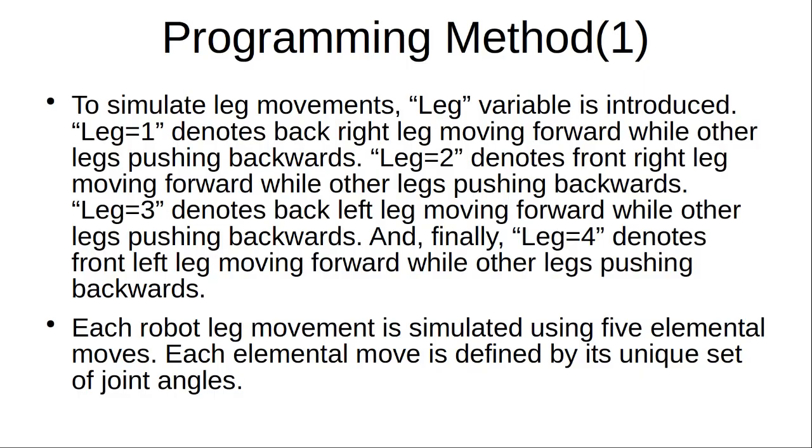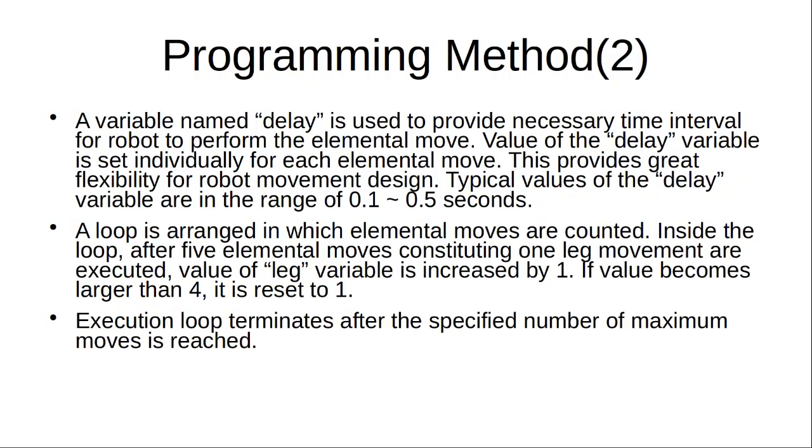Each robot leg movement is simulated using 5 elemental moves. Each elemental move is defined by its unique set of joint angles. A variable named delay is used to provide necessary time interval for a robot to perform the elemental move.